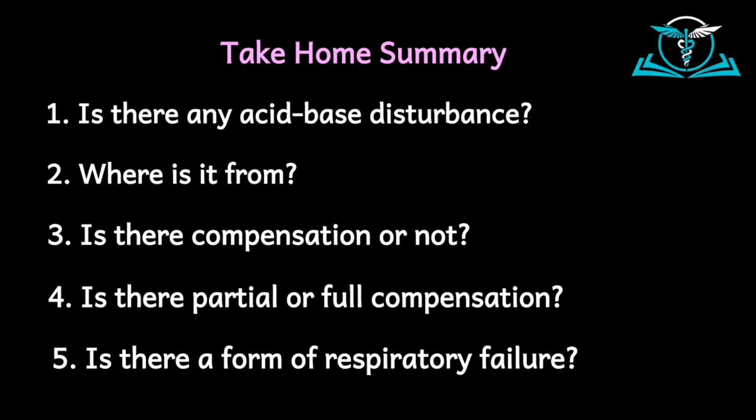The third thing is to find out if there is a compensation for the acid-base problem. Is there compensation or not? Fourth, if there is compensation, is there a partial compensation or a full compensation? We've gone through that. And then the last but not the least, in the basic interpretation of the ABG, is to find out if there is a form of respiratory failure by looking at the partial pressure of oxygen and then the partial pressure of carbon dioxide.